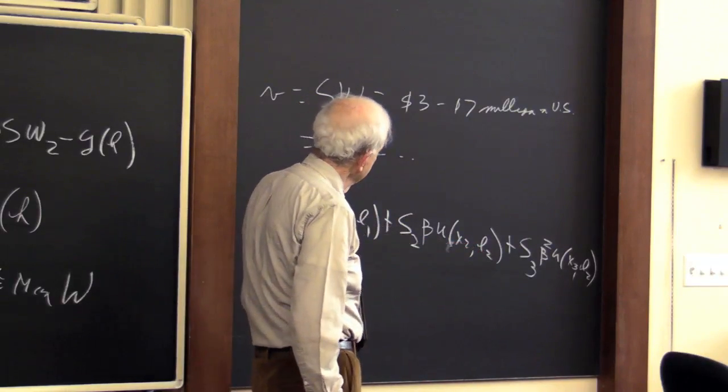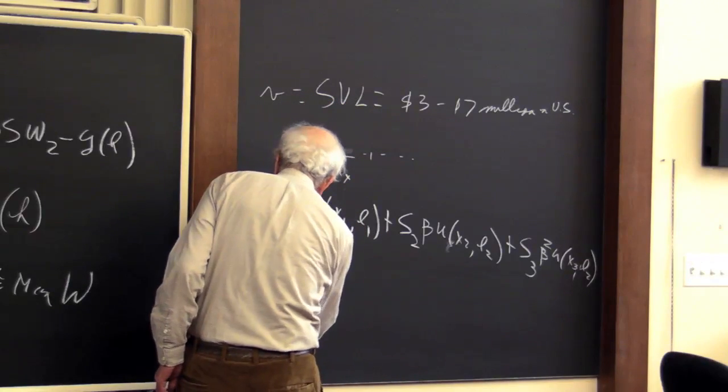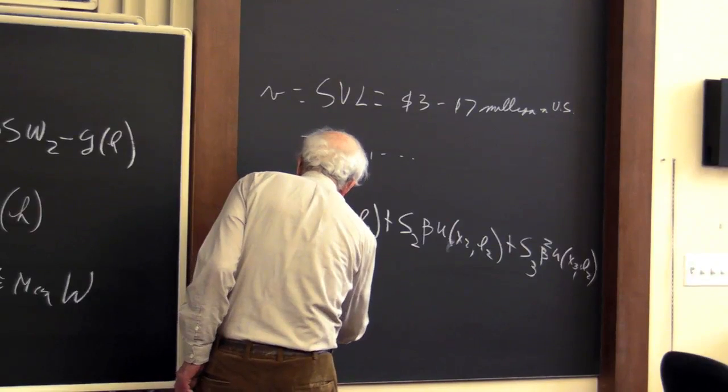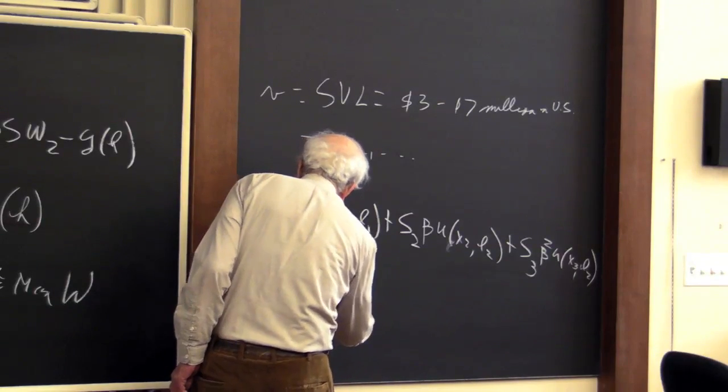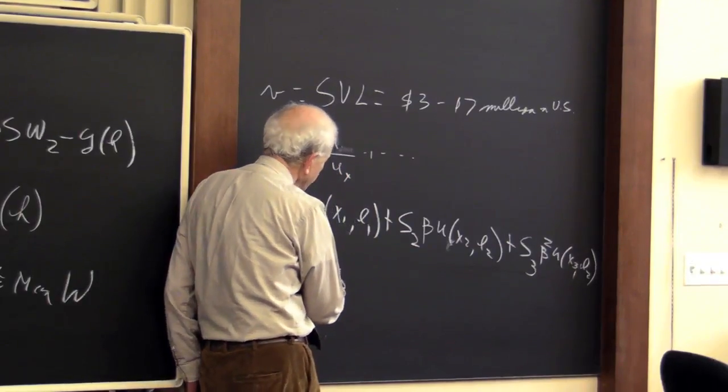Now, you can write S3 as equal to S2 times little s2 times little s3. Where little s2 is the conditional probability of surviving in the second period, given that I reach the second period.